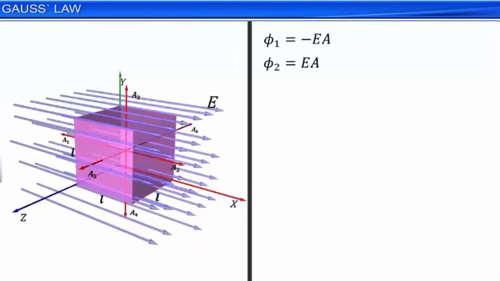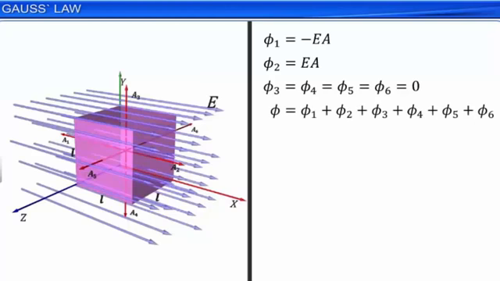The flux through the faces 3, 4, 5 and 6, that is phi3, phi4, phi5 and phi6, respectively, is equal to 0, since the area vector A is perpendicular to the direction of the electric field with respect to these faces. Therefore, the net electric flux through the cube is minus EA plus EA, which is again equal to 0.